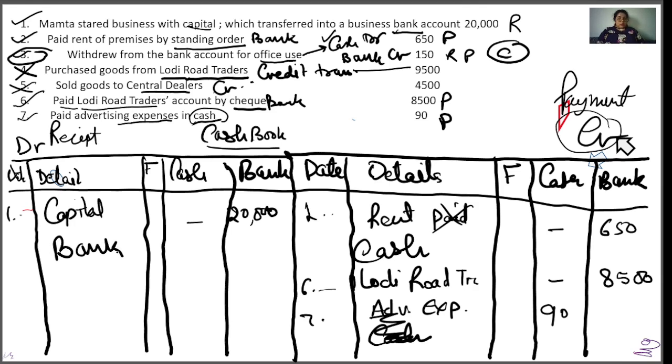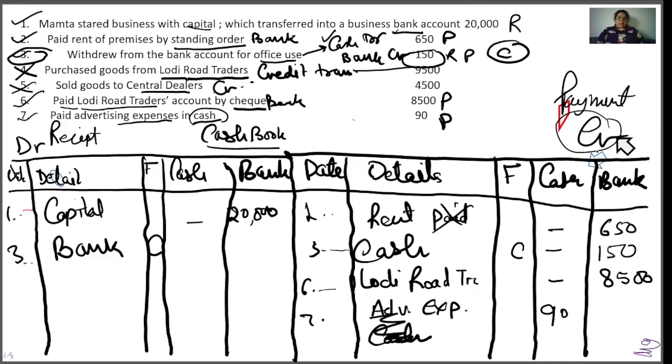Now the another thing is when it's a contra entry, right? So in folio you need to write down C and the date is third. Now if the amount is 150, the amount will go in the bank column.